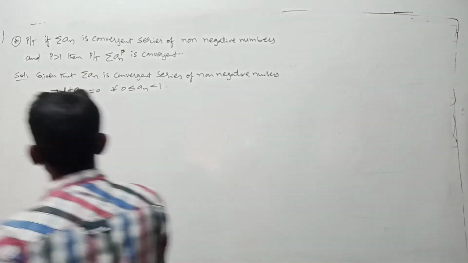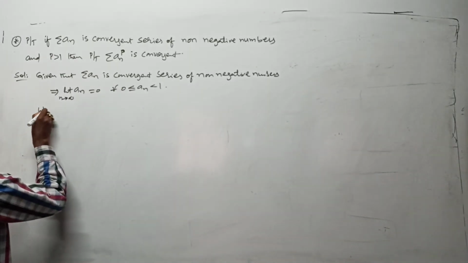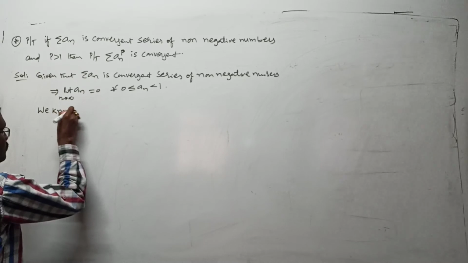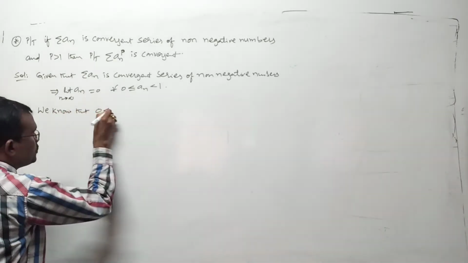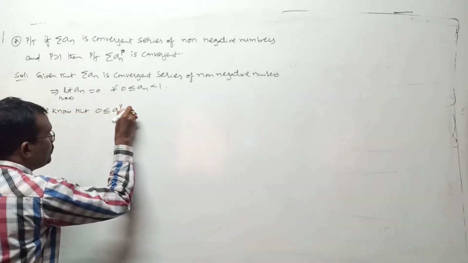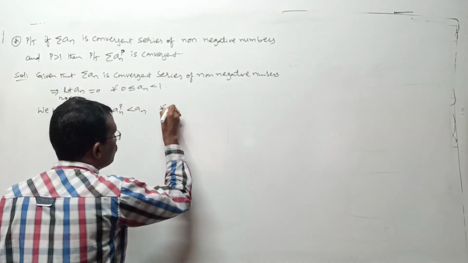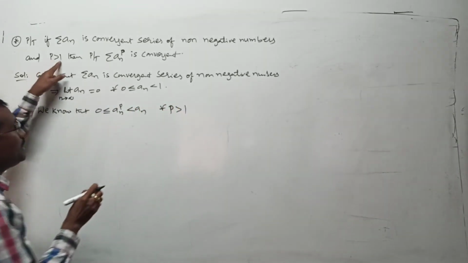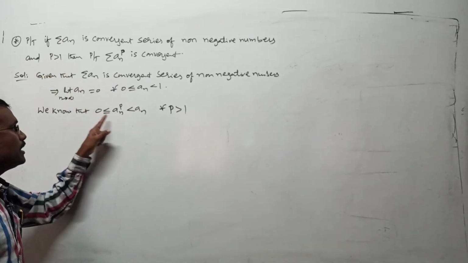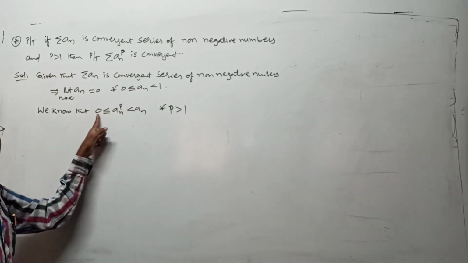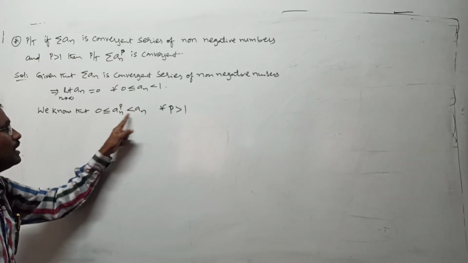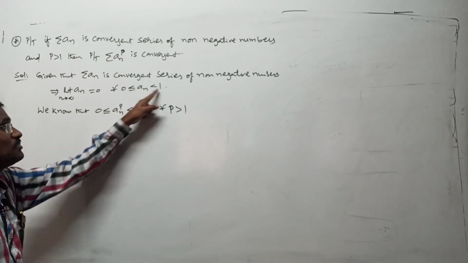And you know one natural condition. We know that 0 is less than or equal to an power p, which is always less than an whenever p is greater than 1. Whenever p is greater than 1, an power p is always greater than or equal to 0 and an power p should be less than an, whenever an lies between 0 and 1.